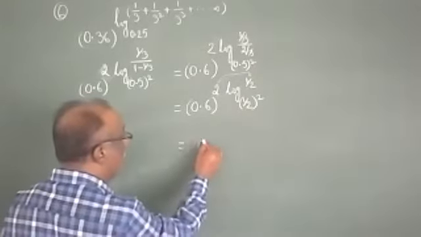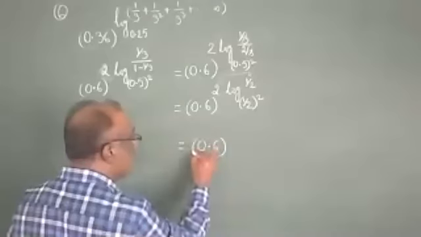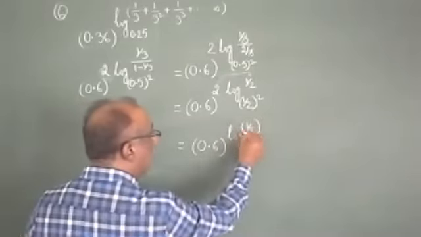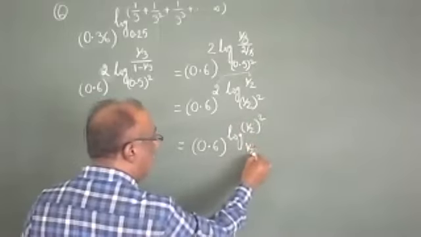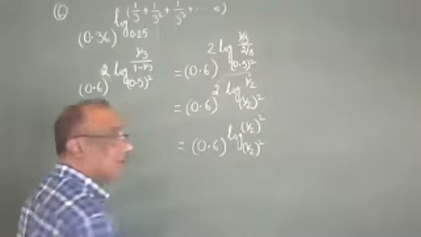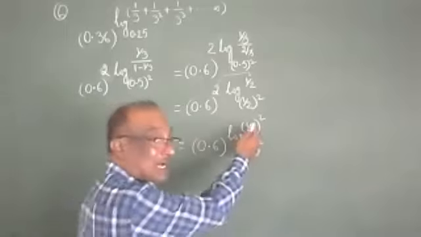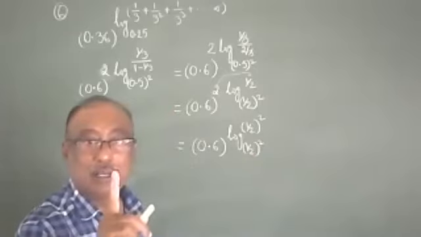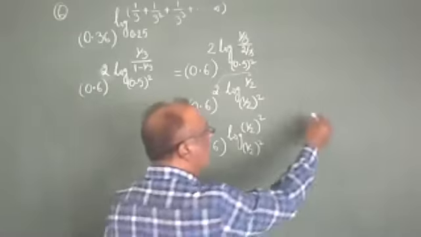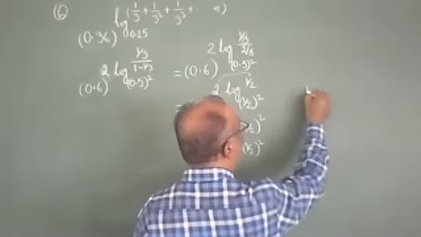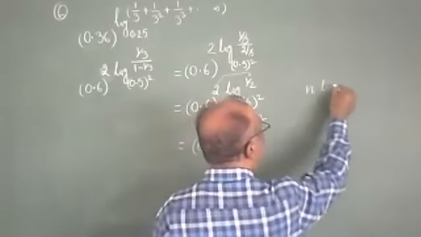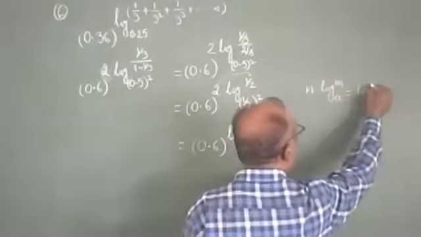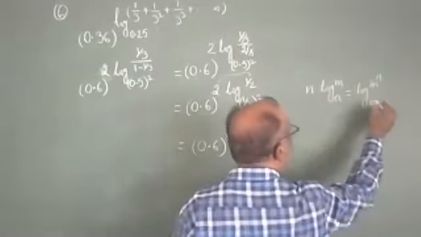Therefore, 0.6 log of 1 by 2 whole square, base also 1 by 2 whole square. Okay? So in logarithm, both are equal, its value is 1. Here you see, n log m base a is equal to log of m power of n base a.